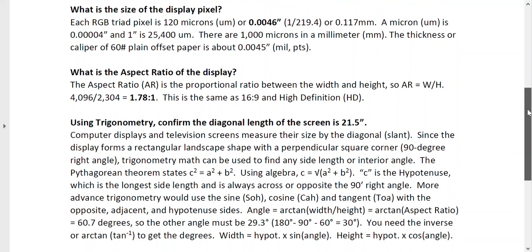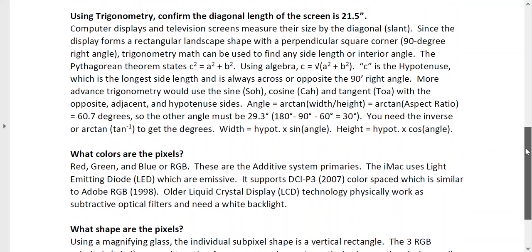Now, we could use some trigonometry, the study of triangles, their lengths and their angles, to verify and confirm that the display is 21.5 inches. So as you know, you measure a TV or display on its diagonal, the slant. And of course, it forms a right triangle. It has a square corner.